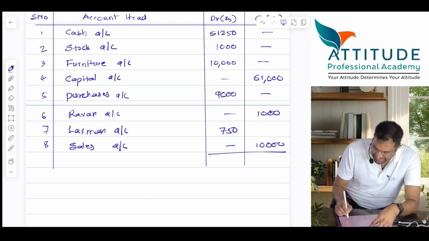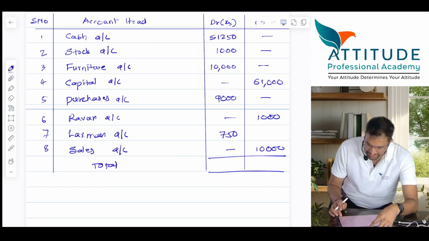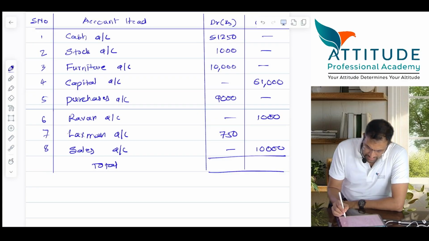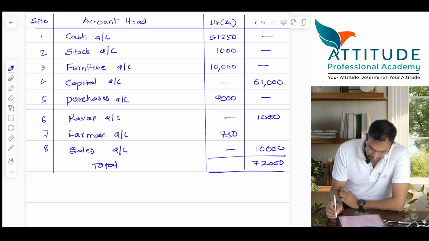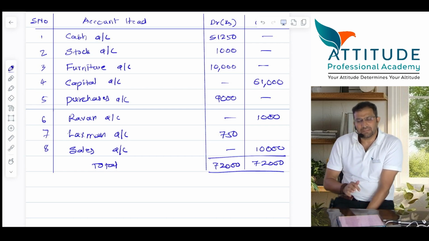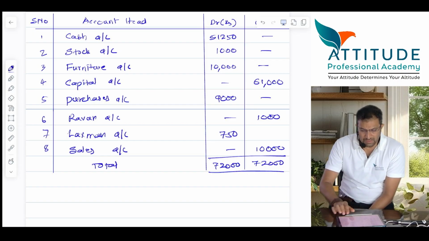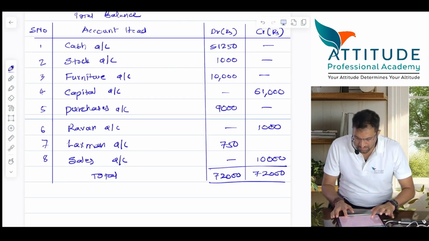The trial balance should tally. Total of trial balance should tally. Is it 72,000? Both the sides? Just check. Is that clear? 72,000.